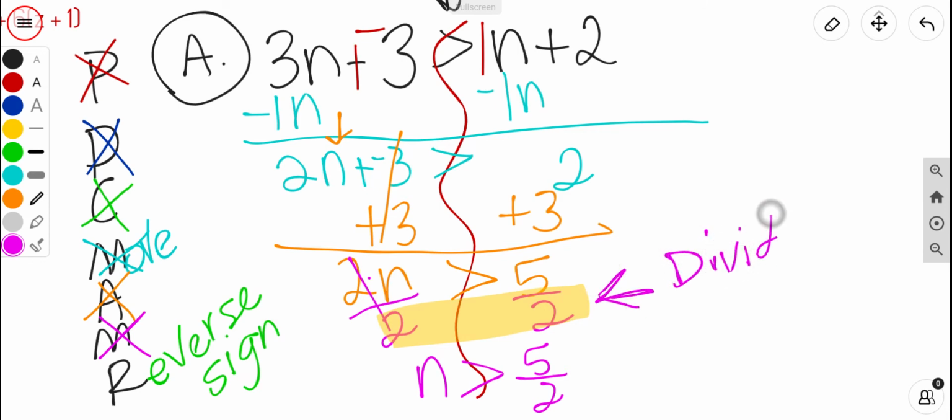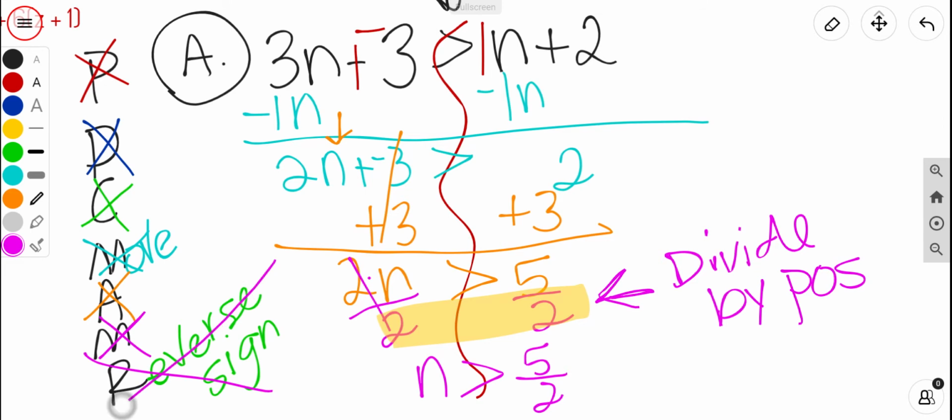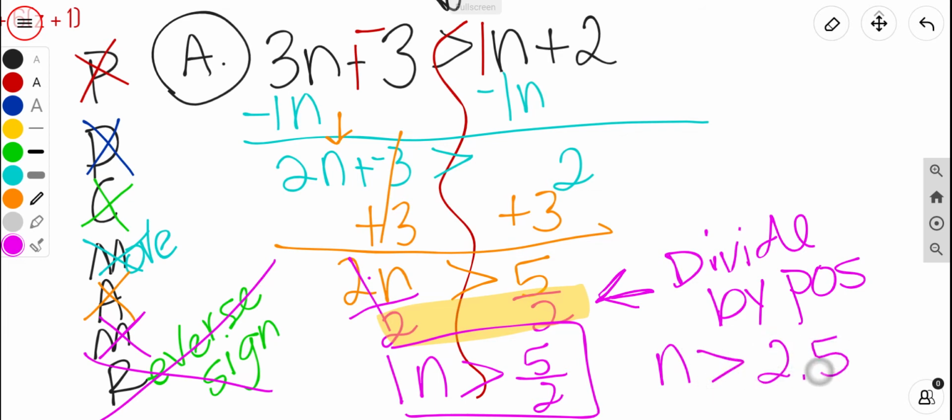So that means I am not reversing the sign. I skip that step. So n is greater than 5 halves, or 5 over 2, or 2.5. All of them are cool. Okay? Whatever you would like to write for that. Okay, let's do the second problem.